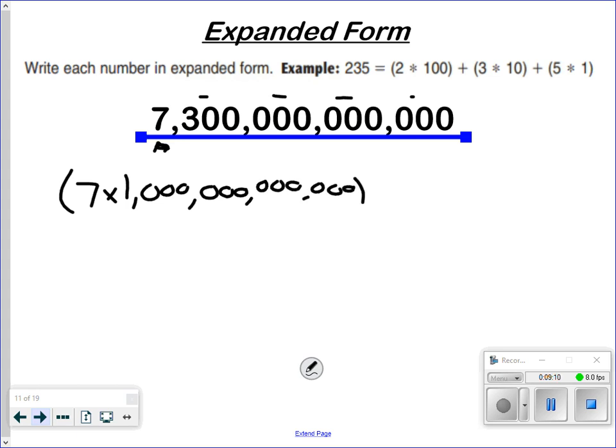Just kidding, I won't feel bad. Plus 3 times 1 billion. Have enough zeros? That's your answer. 7 times 1 trillion plus 3 times 1 billion.